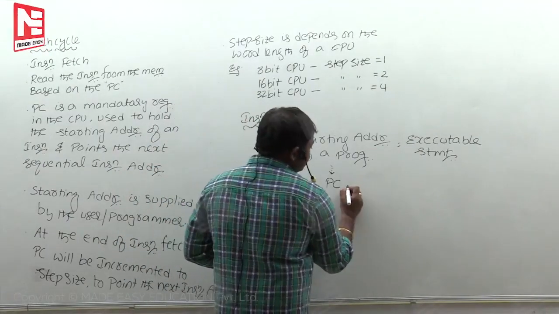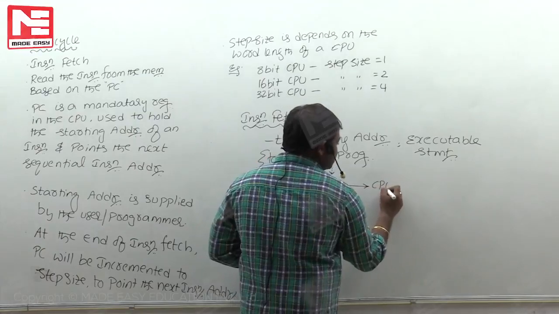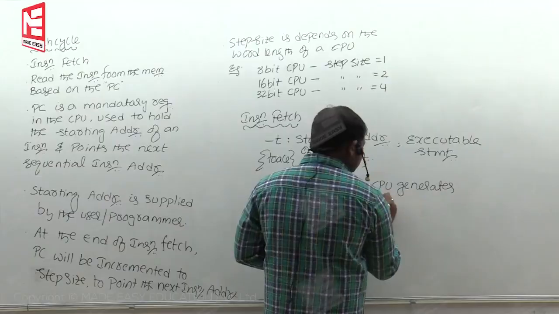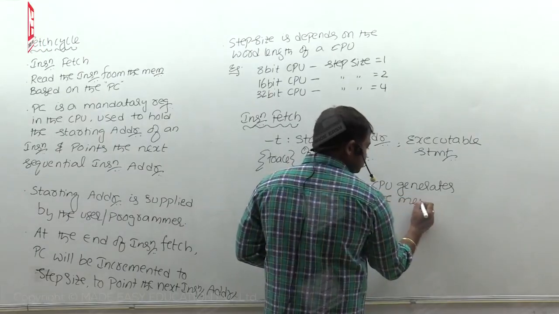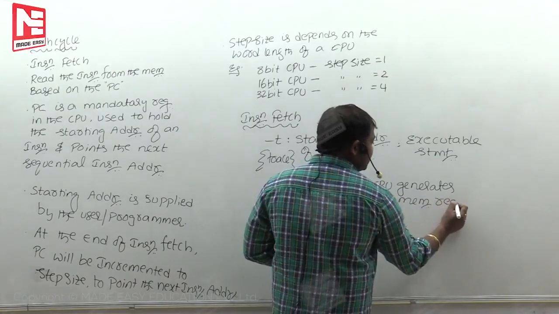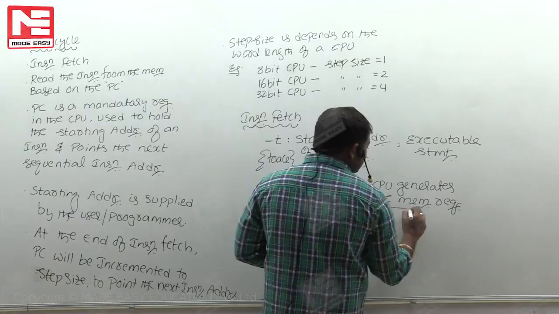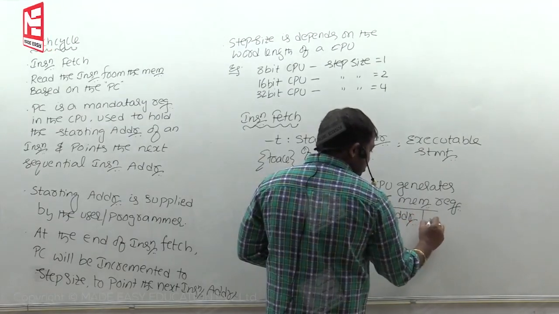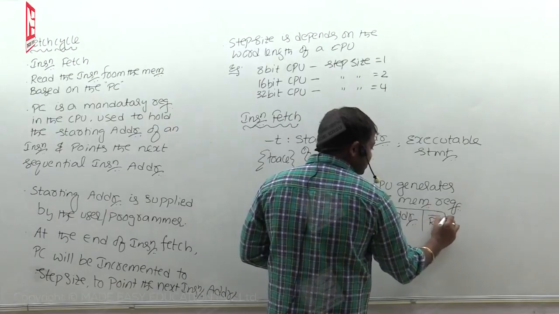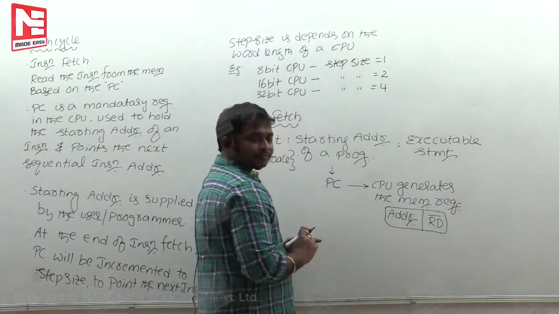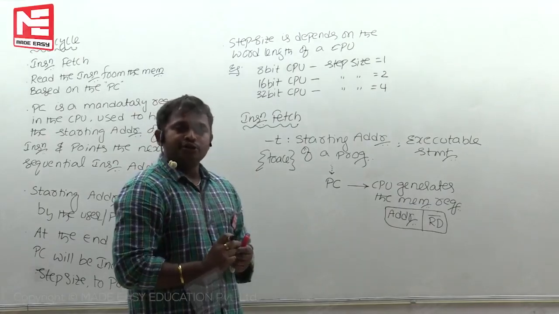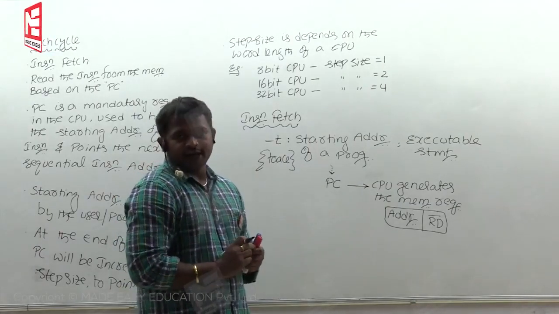Right? Now, based on the PC, the CPU generates the memory request. The memory request contains the address along with a control signal. The control signal is the fetching read signal. The address may be any. The CPU generates the memory request based on the program counter. Okay.